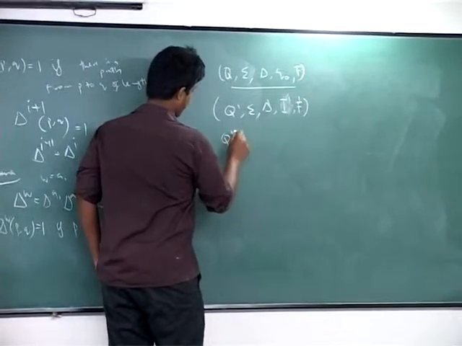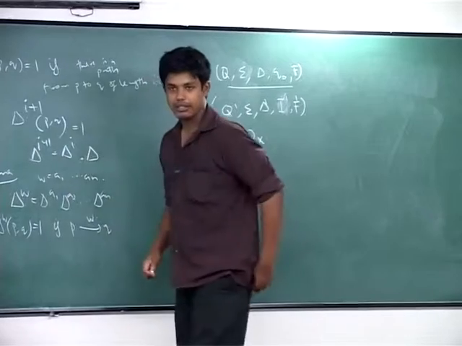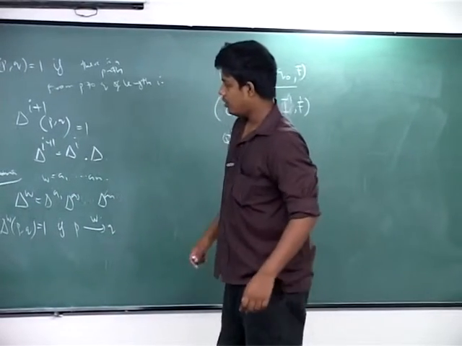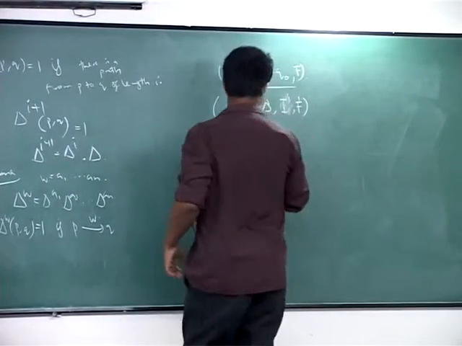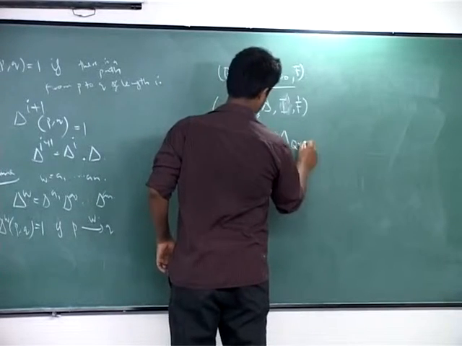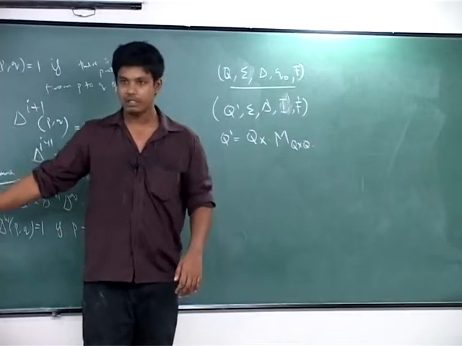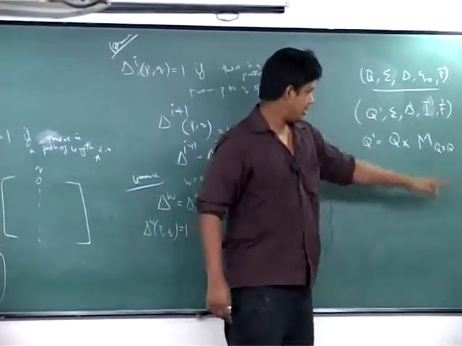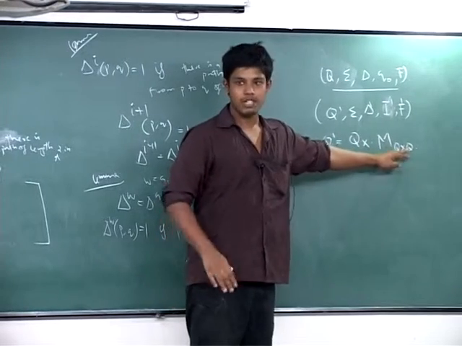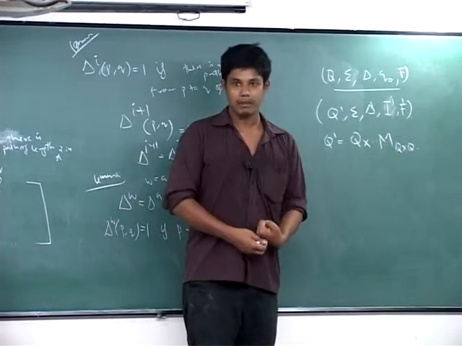What will be my Q'? I'm going to represent these adjacency matrices as M(Q x Q), which means all Boolean matrices of this dimension.